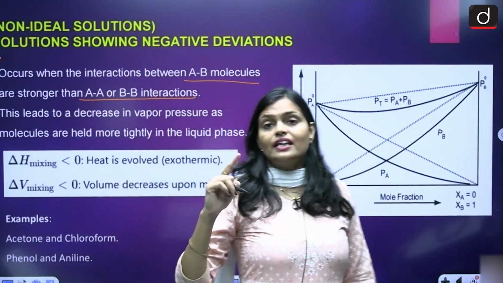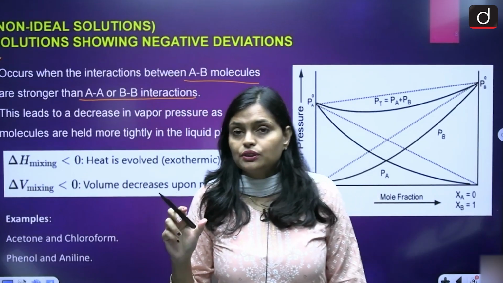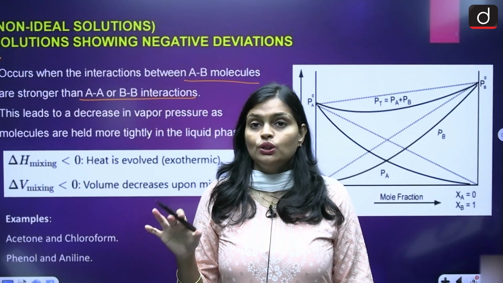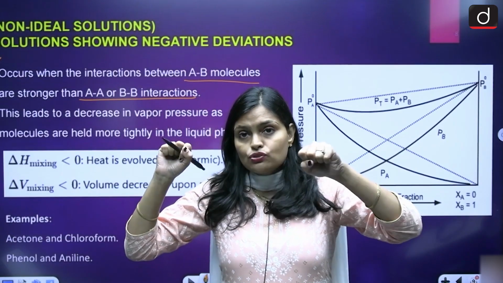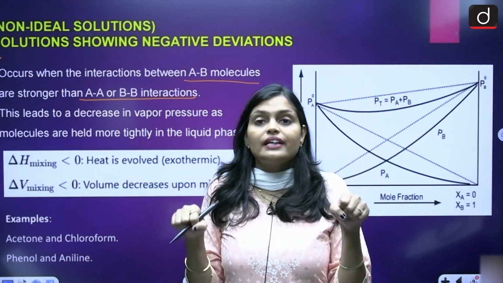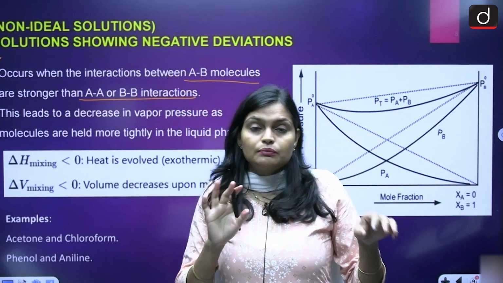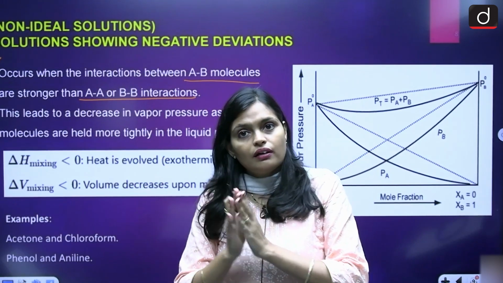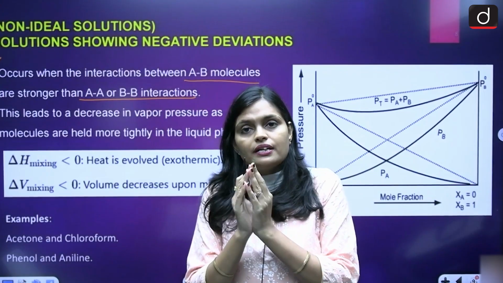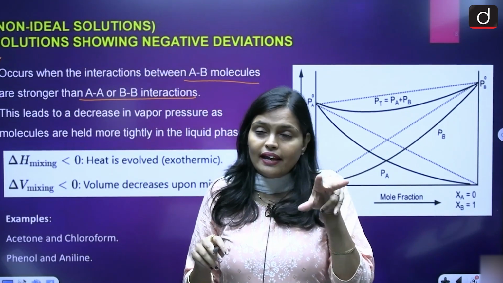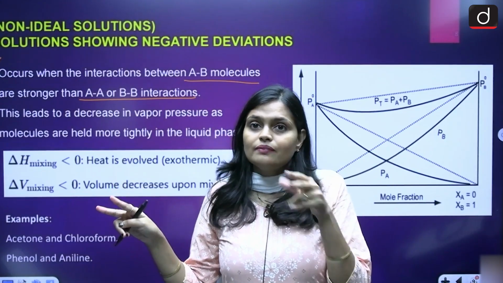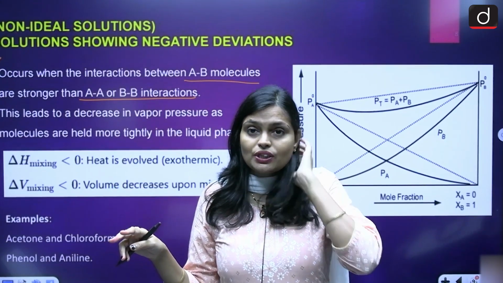So now there is an interaction between solute and solvent. When do we get negative deviation? When solute and solvent interact more readily, right? And when there is interaction between both of them, then obviously A and B escape less. उनके बीच में interaction कम हो जाएगी.